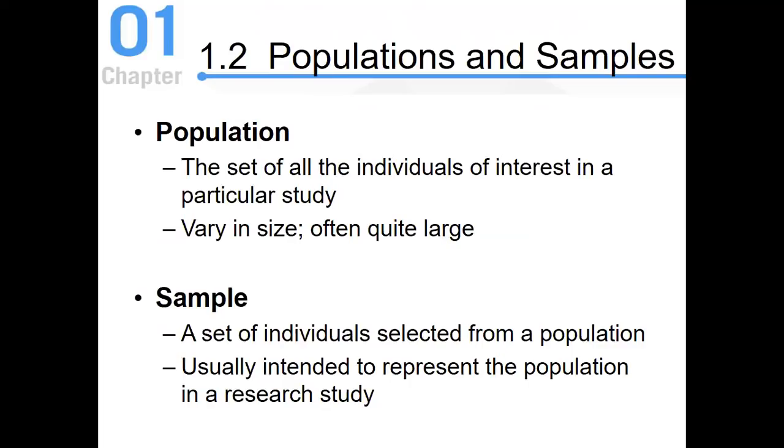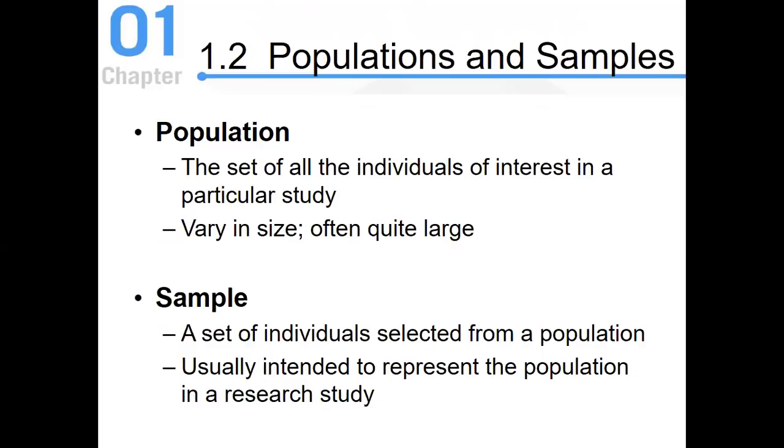So for instance, if I'm interested in studying clinical depression, the population is everybody in the world who's diagnosed with clinical depression. If I'm interested in studying third graders, the population is all of the people of third grade age all over the country or all over the world. Populations are large and they are all of the people that we're interested in.